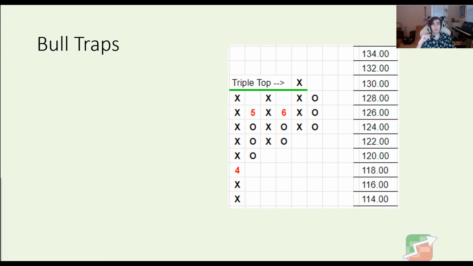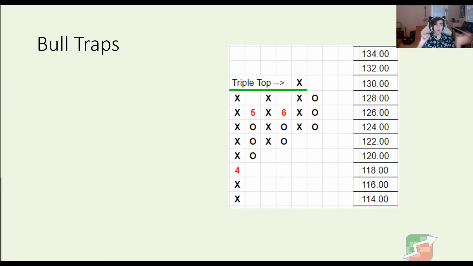So now what happens is this. When the price goes above $130, all of the people that were looking at point and figure all start trying to buy immediately. A bunch of people start trying to buy, and there's not really that many people selling. So what will happen is the price will go up one box.